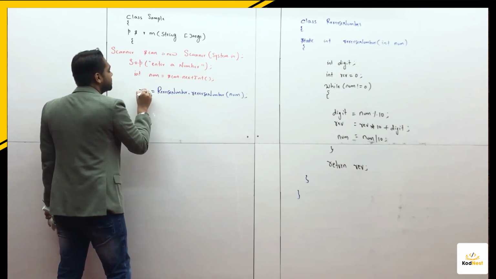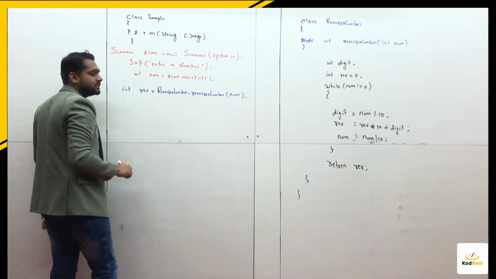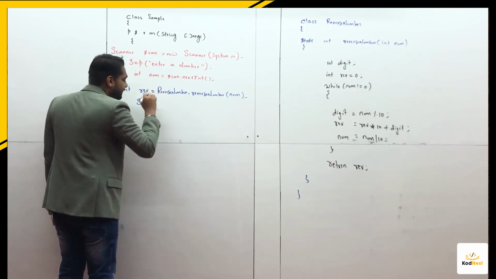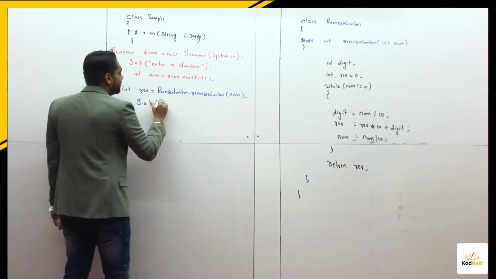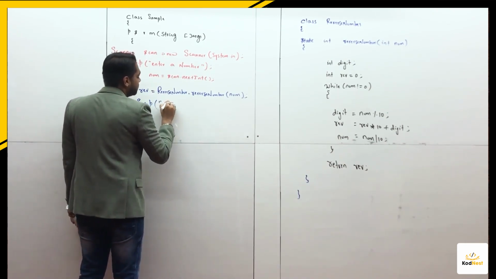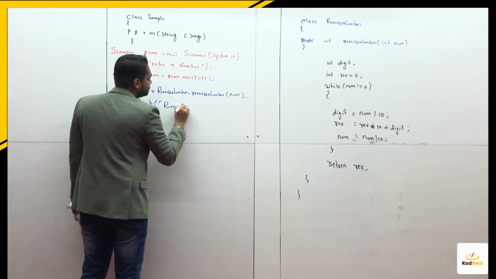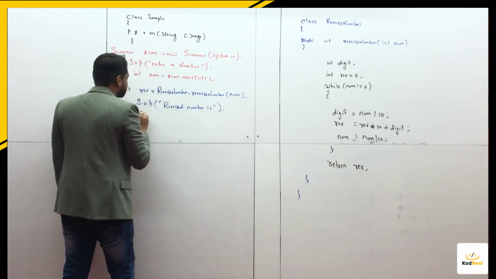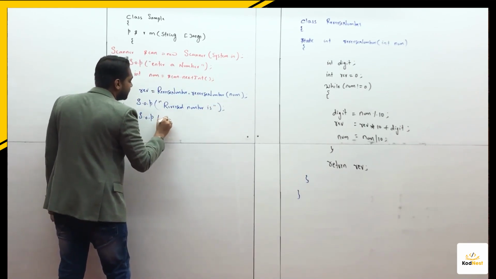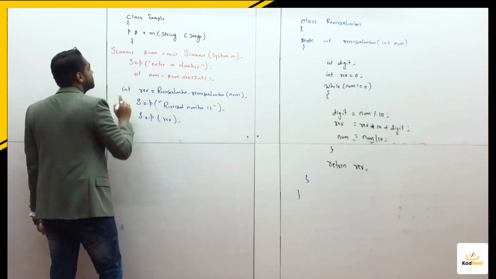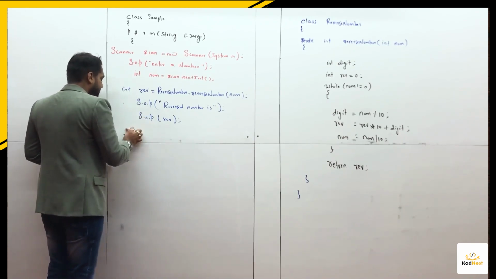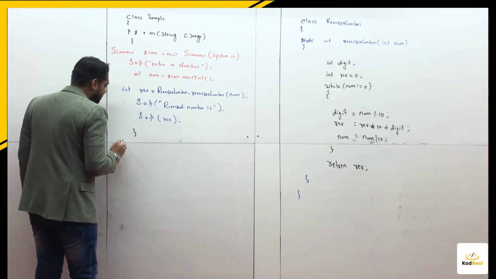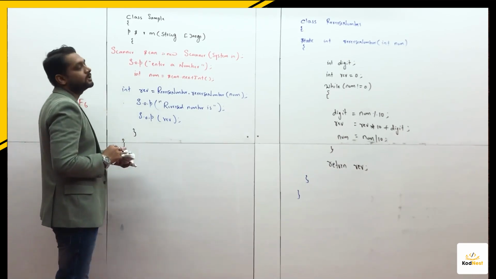I will collect it in rev, which is of type integer, and then System.out.println what to print, this: reversed number is. In the next line, System.out.println prints whatever is there in rev. That is the opening of the main method, then the closing of the main method and closing of the class called Sample.